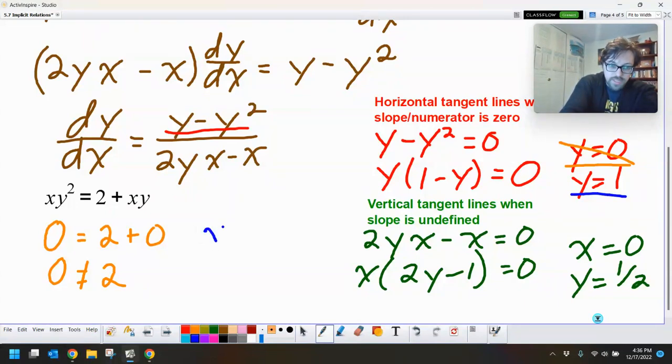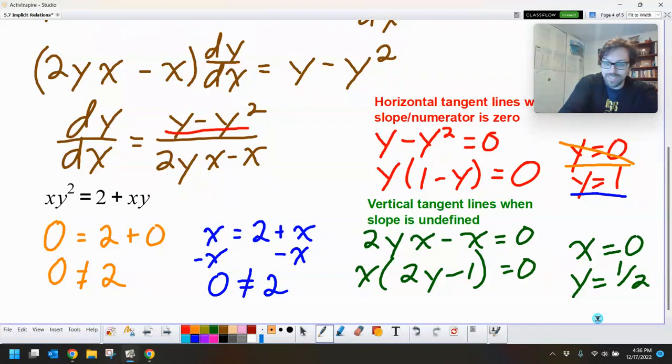So that gives us x equals 2 plus x. And then we try to solve that. Minus x, minus x. We got another one of those 0 equaling 2. And that's not true. So that one also doesn't work. So we're not looking very good for finding horizontal tangent lines. In fact, we have none.